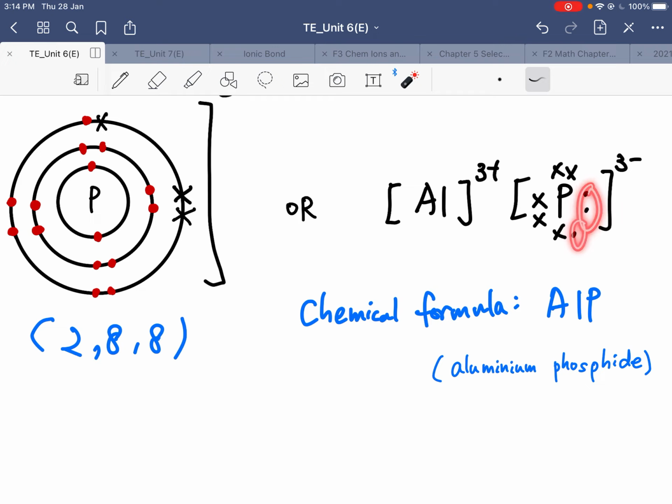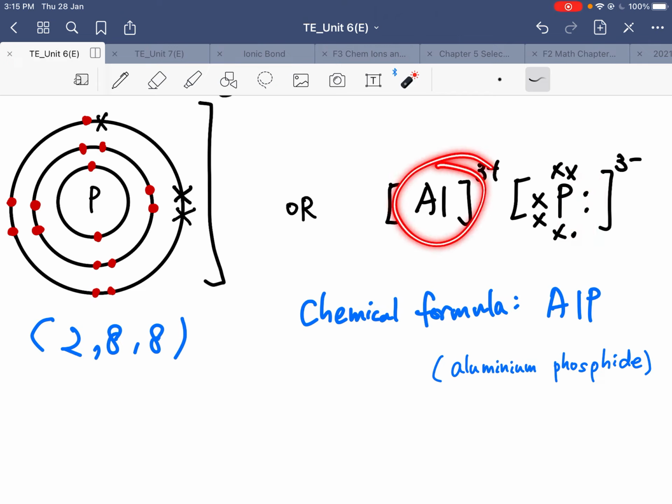Remember, we use 2 different notations, normally a cross and a dot, to indicate 2 different types of electron. Of course, electrons are the same type, but they are from a different position. These 5 I circled originally from the phosphorus atom, but these 3 originally are from the aluminium atom.